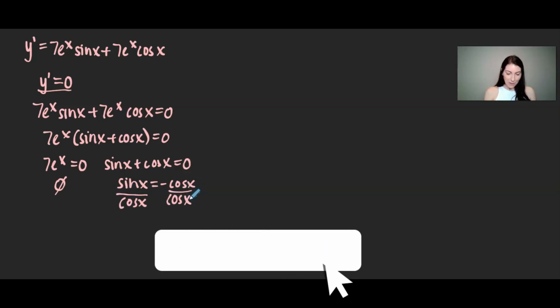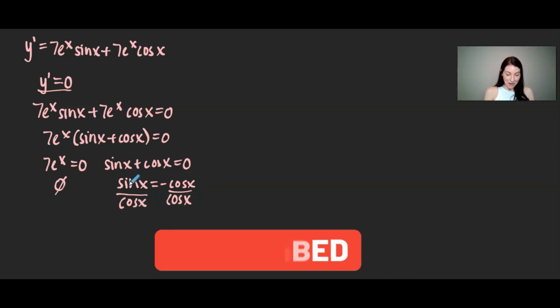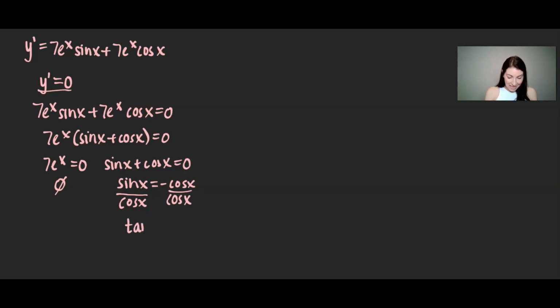If I divide both sides by cosine of x, I get sine divided by cosine, which if you remember your trig functions, gives me tangent of x equals negative cosine over cosine, which is negative 1. And this is way more helpful, for me at least, because I reduced it down to one trig function, only tangent, rather than having sine and cosine.